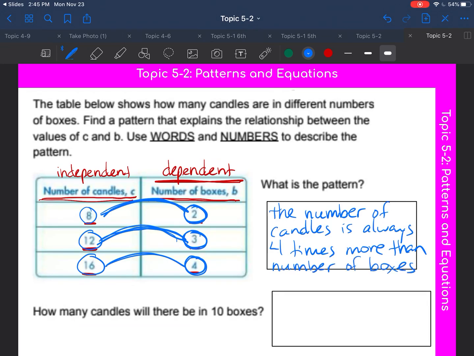And I'll explain that in a second, because if you look, 2 times 4 gives you 8. 3 times 4 gives you 12. 4 times 4 gives you 16.